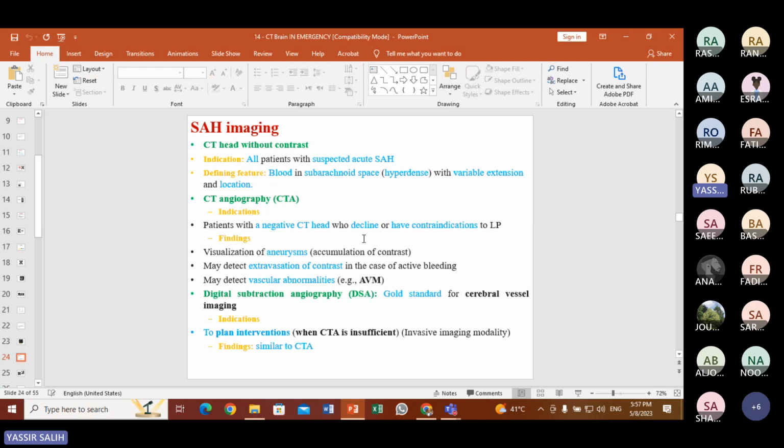And you can see vascular abnormalities such as arteriovenous malformation. All of this may be demonstrated by CT angiography. So these signs may be seen: aneurysm, extravasation, or arteriovenous malformation.